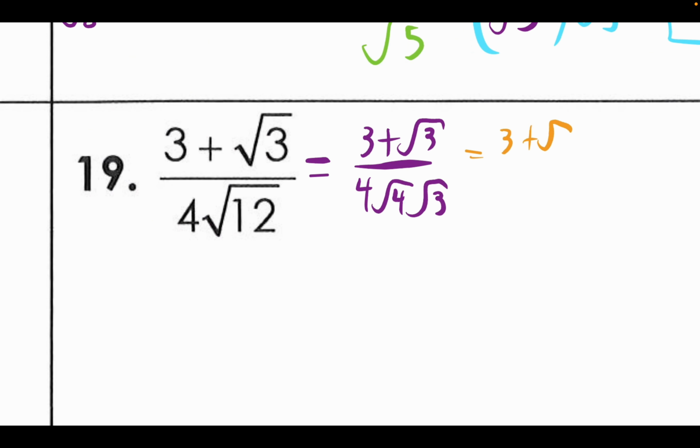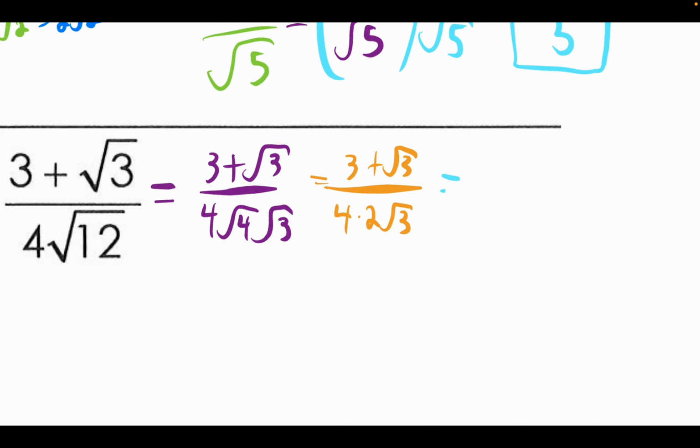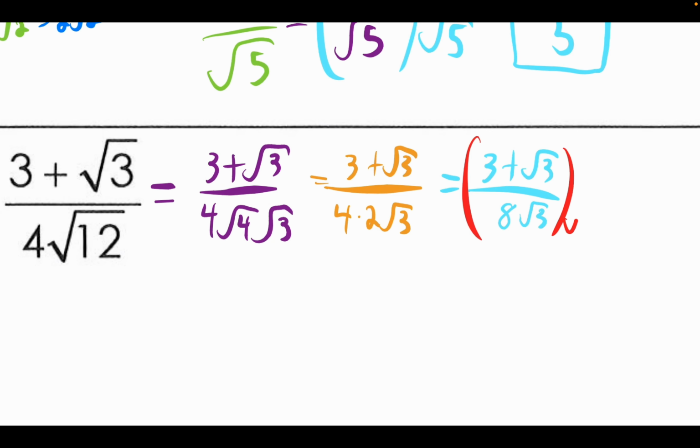So I'm just going to keep rewriting the top until I have to multiply the top and bottom by the same thing. And that's 4 times 2 times square root of 3 on the bottom. So again, just rewriting the top one more time, over 8 square root of 3. Now when I go to multiply, I'm multiplying by the square root of 3 instead of the square root of 12.